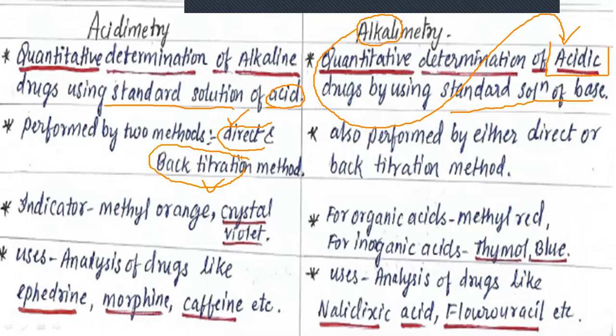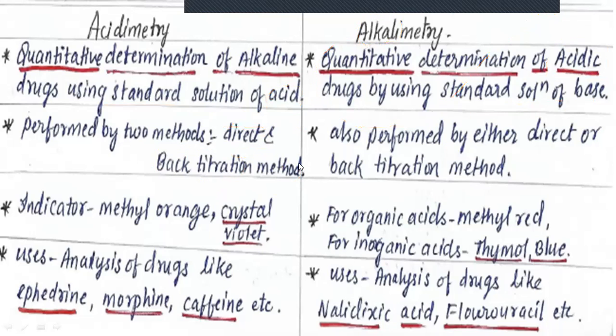Then that excess amount will be back titrated with another solution, right? So acidimetry and alkalimetry can be performed by two methods, the direct titration method as well as the back titration method, right?